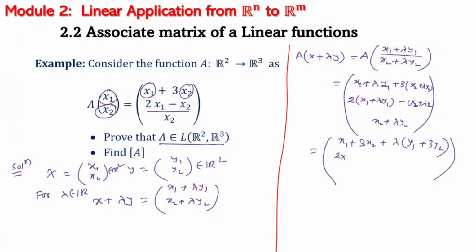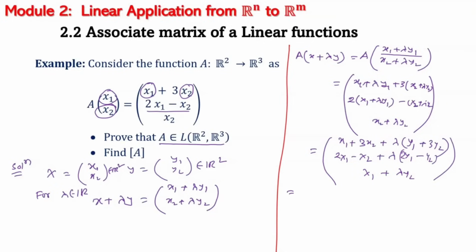And this one will be 2x1 minus x2 plus lambda (2y1 minus y2), and third one is x1 plus lambda y2.